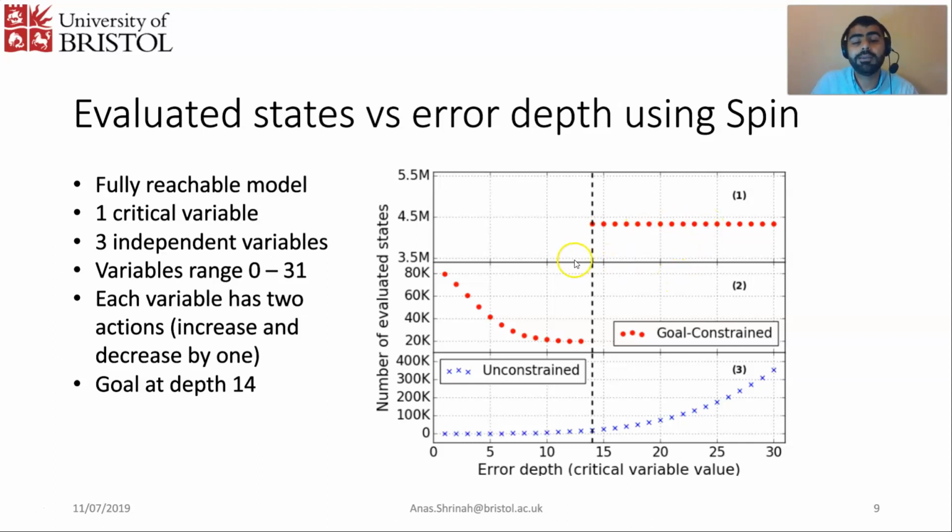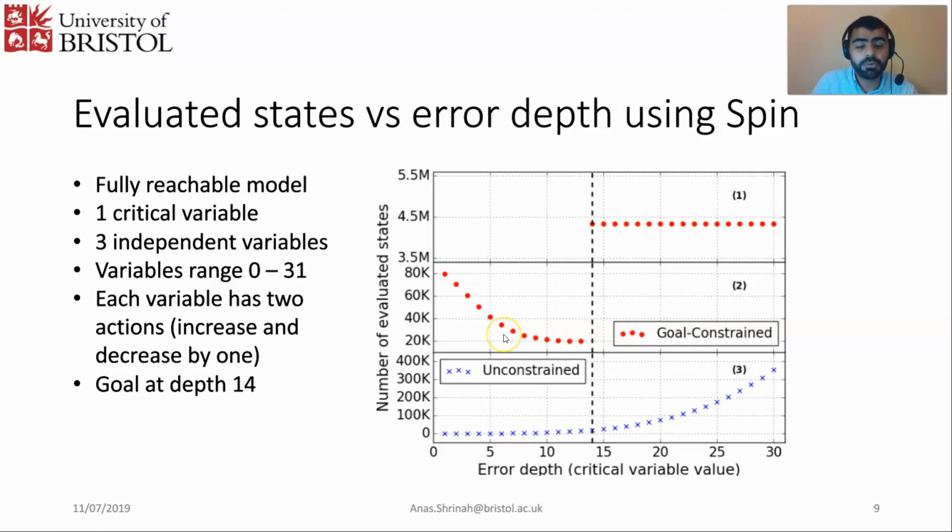Whereas on the left-hand side, because the error depth is less than the goal depth 14, all the counterexamples for these errors are considered to be valid planning counterexamples.